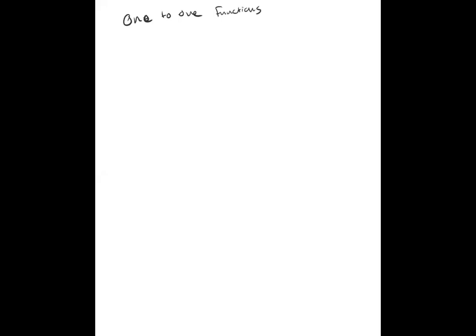So one of the ways that we will determine whether or not a function is one-to-one when we're looking for that function's inverse is if we assume that f of x1 equals f of x2, and we get that x1 equals x2, then f is one-to-one.